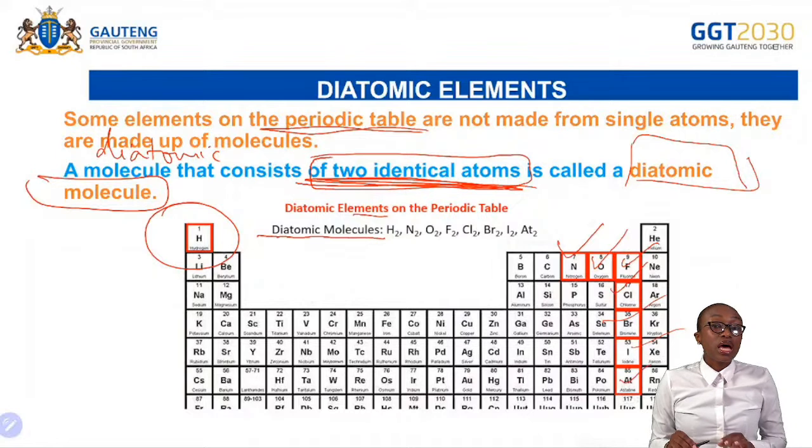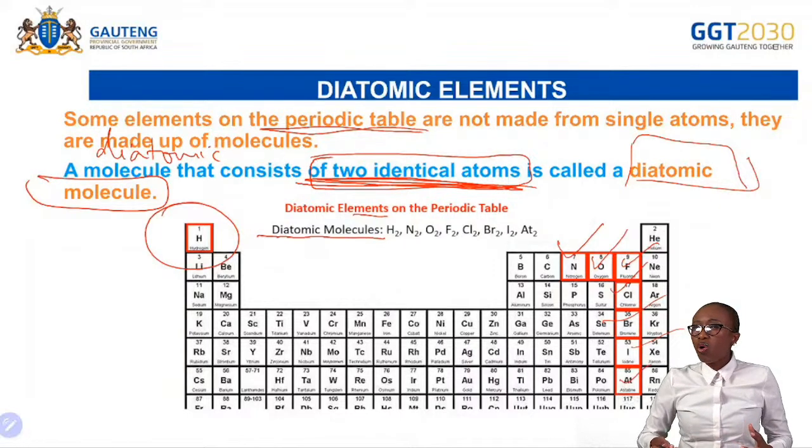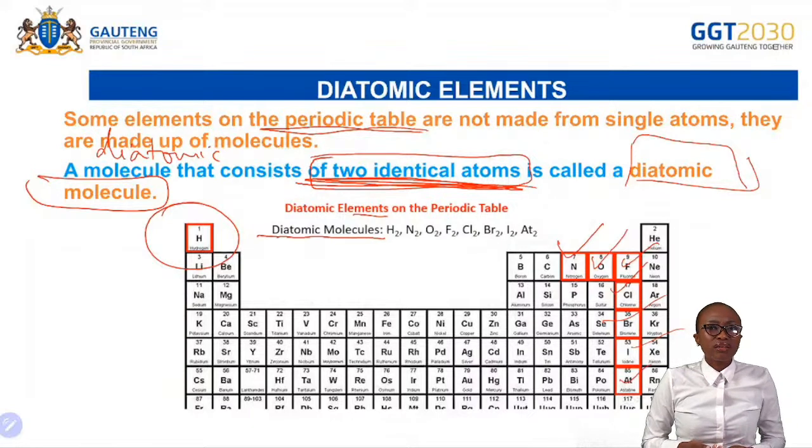Now, these elements exist as diatomic molecules. So in nature, remember, these elements are found all around us. They are found in nature, unlike mined copper, mined iron, mined gold. So these elements are found in nature.